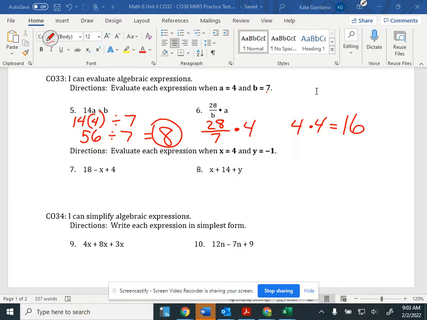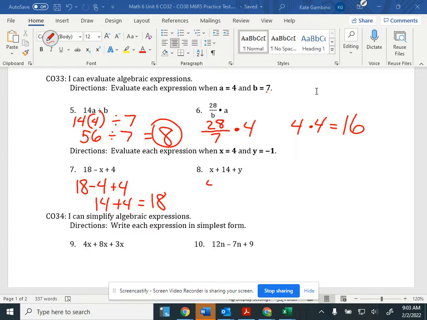Now this time we have x equals 4, y equals -1. Again, I'm going to write down my problem, filling in my variables. So I'm going to work left to right. 18 minus 4 is 14, plus 4 gives me 18.